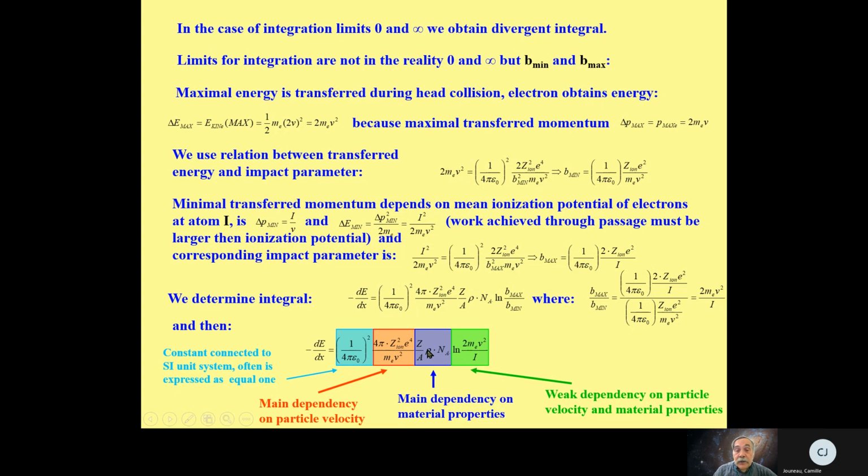The third part of this equation is the main dependency on material properties. This is the dependency on features of the material, and it is given by the proton number, that means the atomic number of this material, and it is only linear. It is clearly given only by how many electrons you have in the atom.